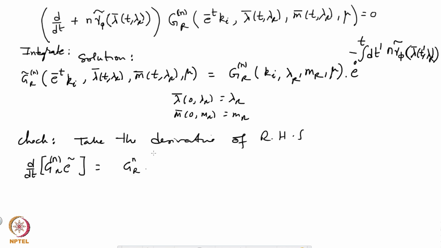That's what we have seen. So I get minus n gamma tilde phi lambda bar t lambda r, times this exponential again.